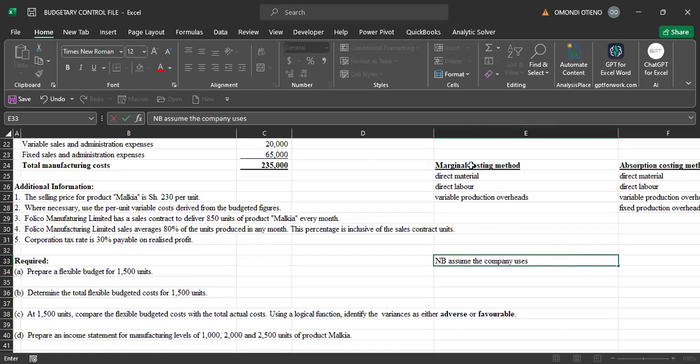If you take marginal costing as the assumption and then you do all the workings correctly, you are to get your full marks. If you assumed that the company uses the absorption costing method and you did your workings correctly, you are to get your full marks under this particular question.